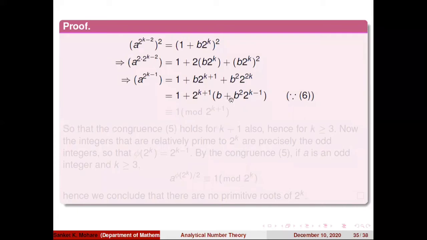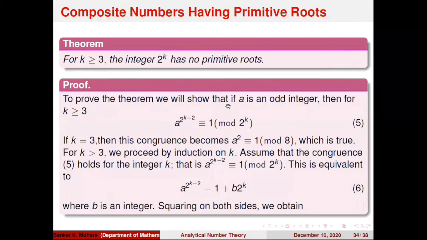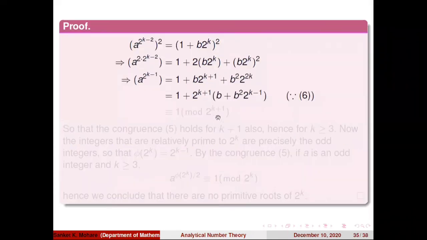Okay, so b is an integer, that's why b square is also an integer, and 2 to the power k minus 1 is also an integer. So the sum of two integers is again an integer. So finally, a to the power 2 to the power k minus 1 equals 1 plus 2 to the power k plus 1 times an integer, say capital B. Just like here, 1 plus b times 2 to the power k, here it is 1 plus capital B times 2 to the power k plus 1.